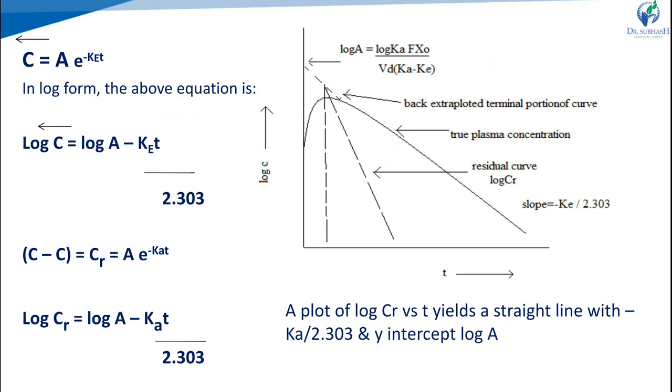From the back extrapolated values minus the true plasma concentration values, we get the residual curve, log Cr, and from that slope we can find the Ka value. For the residual curve the slope is equal to minus Ka upon 2.303. From that we can find the Ka, the absorption rate constant.